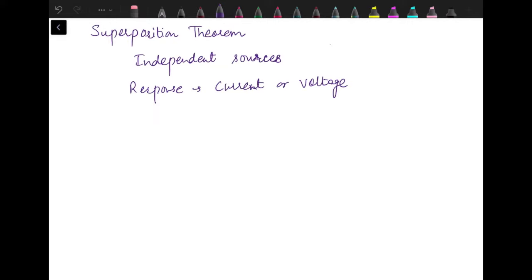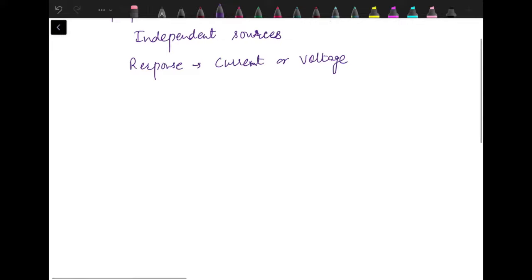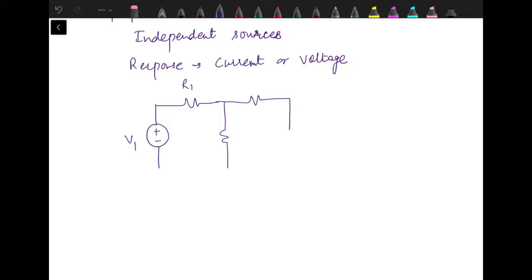To have better understanding of the statement of this theorem, let's consider a circuit having two sources. One is a voltage source, second one is a current source. Current source is applying current I1, voltage source is having voltage V1, and we have three different resistances.